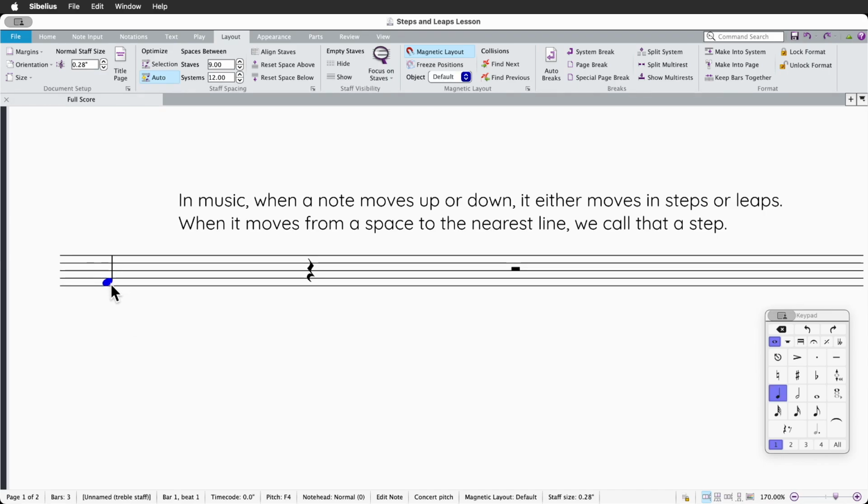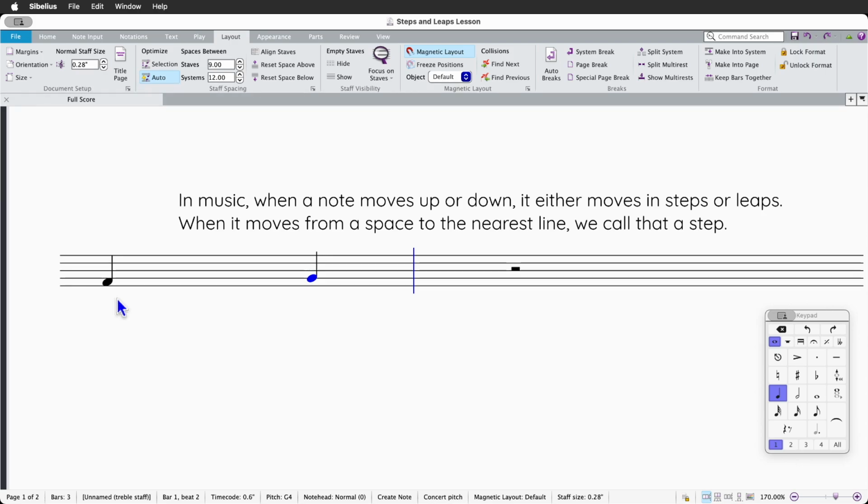And if we have an F and we want to go up by a step, we're just going to go up to the very next note. So when it moves from a space to the nearest line, whether it goes up or down, we call that a step. So in this case, if we go up a step, we would go to the second line. So the first space to the second line, a space to a line, we would call that a step.